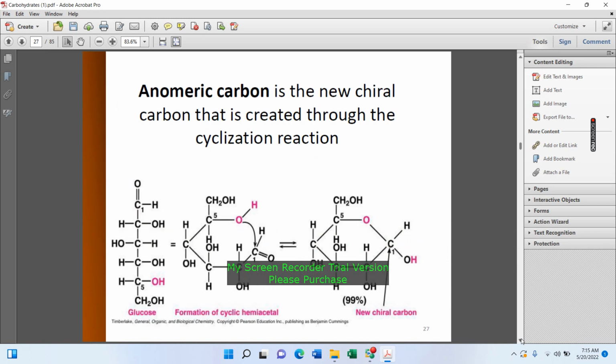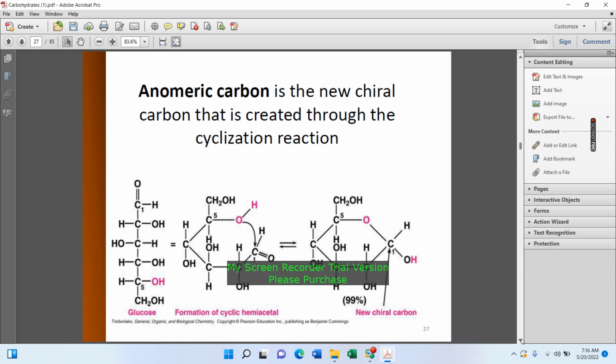Anomeric carbon is a new chiral carbon that is created through the cyclization reaction.